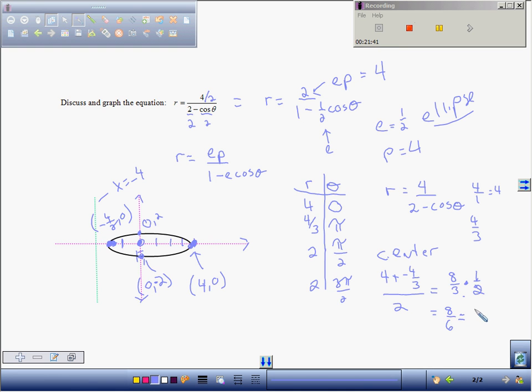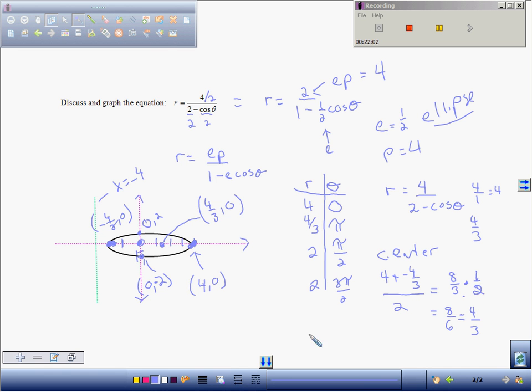Which is the same as 4/3. So the center of this is at positive 4/3 comma 0. Okay, so that center is at 4/3 comma 0. And what that also tells me is that then I can find C and A.